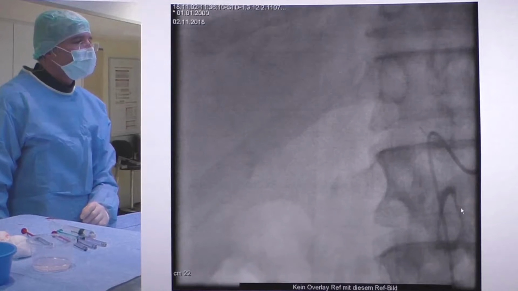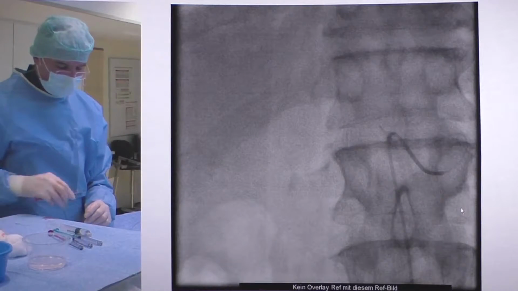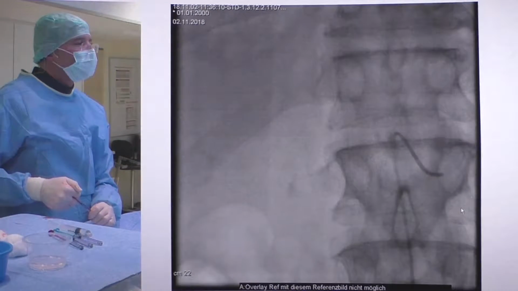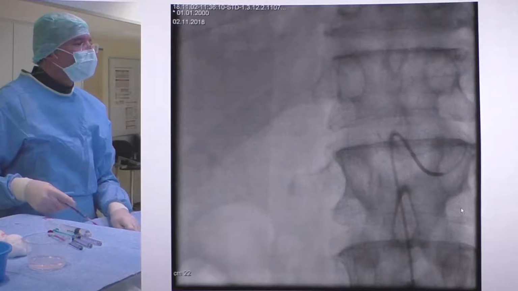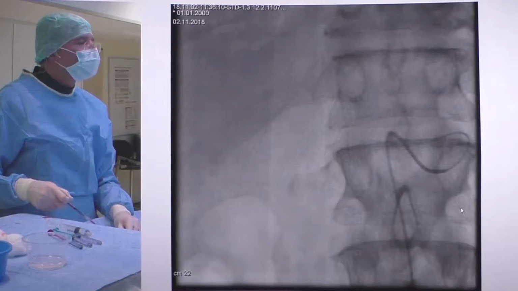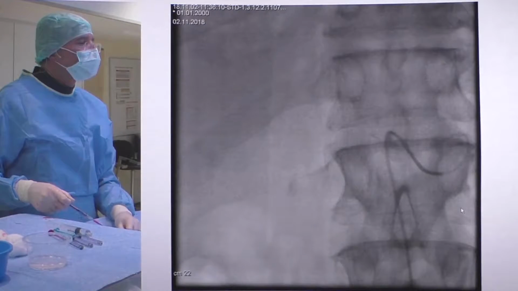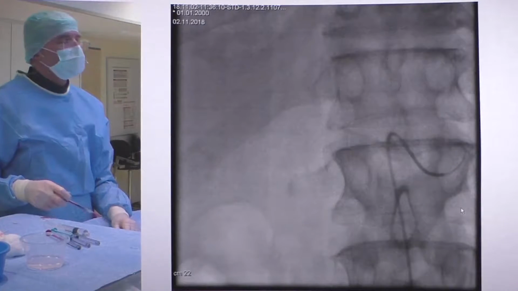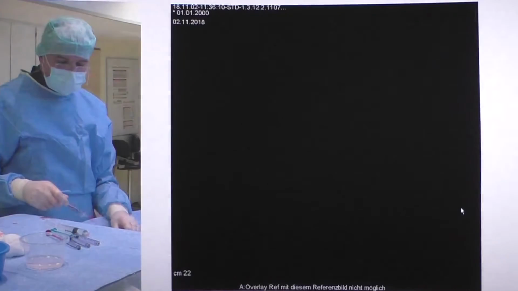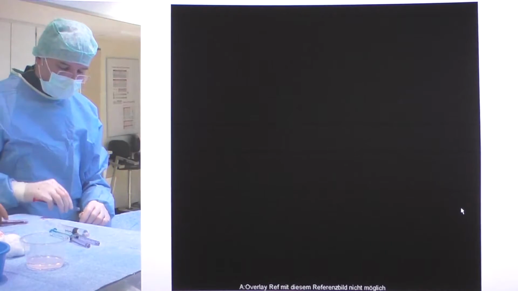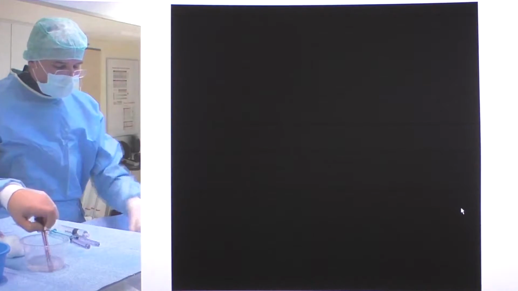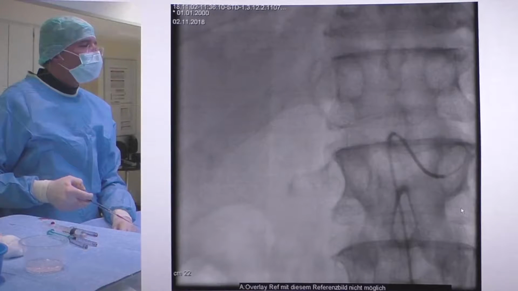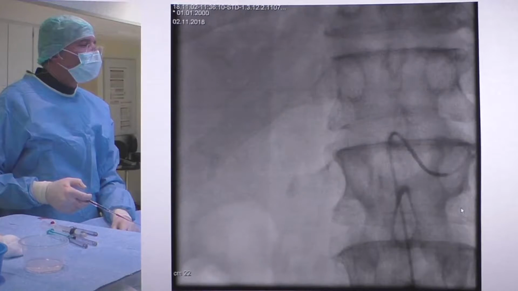I'm going to magnify now the image in order to check the positioning of the catheter. The catheter has unfortunately started slipping a little, but we are now in the main artery, and I'm trying to get down again through the collateral into the right hepatic artery.